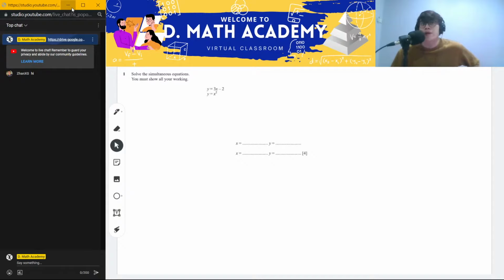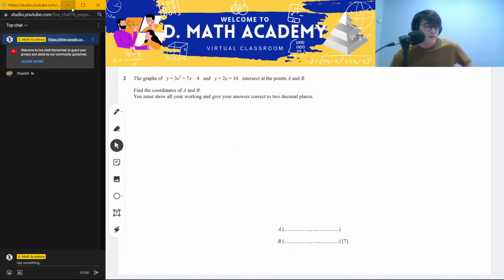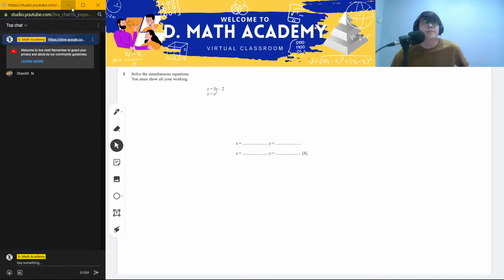That's why the marks that they allocate for this particular section has increased. So there's this easy one here with 4 marks, and the second type of question here with 7 marks. You can have a look first, then I will start solving in 1 minute's time.